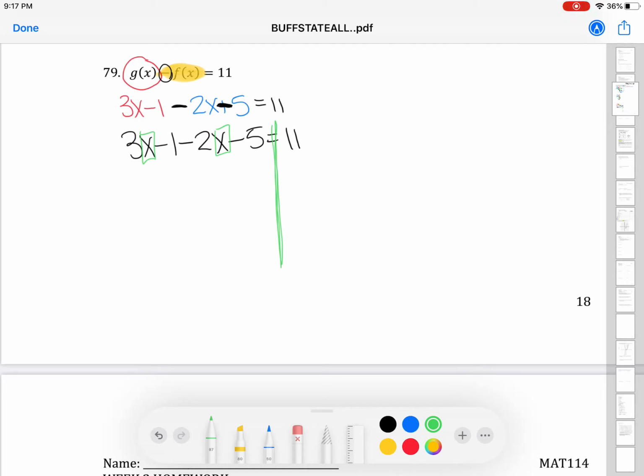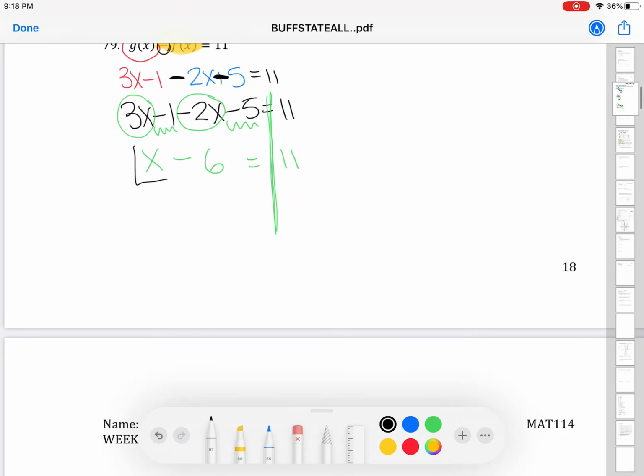Now we're on to just solving it like regular. So here's my equal sign. I notice that I have two x's again, but they are on the same side of the equal sign. They're both on the left, so I can just combine like terms. So 3x minus 2x is just 1x. I'm just going to put an x. And then I can also combine the numbers. Negative 1 minus 5 is going to be a negative 6.